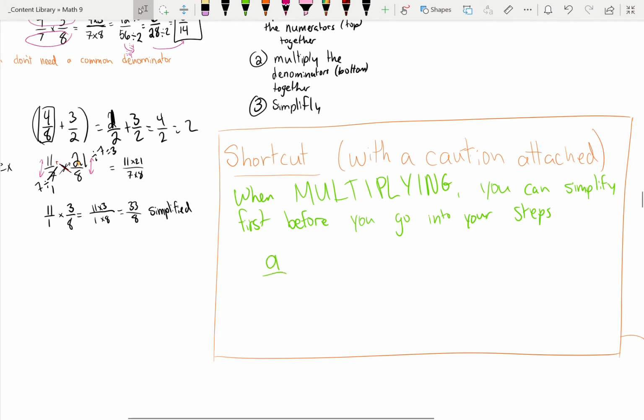And the way we can do this, if I have A over B times C over D, you can check A and B, C and D, but then you can also check B and C, and A and D. So notice how that makes a big multiplication simpler.